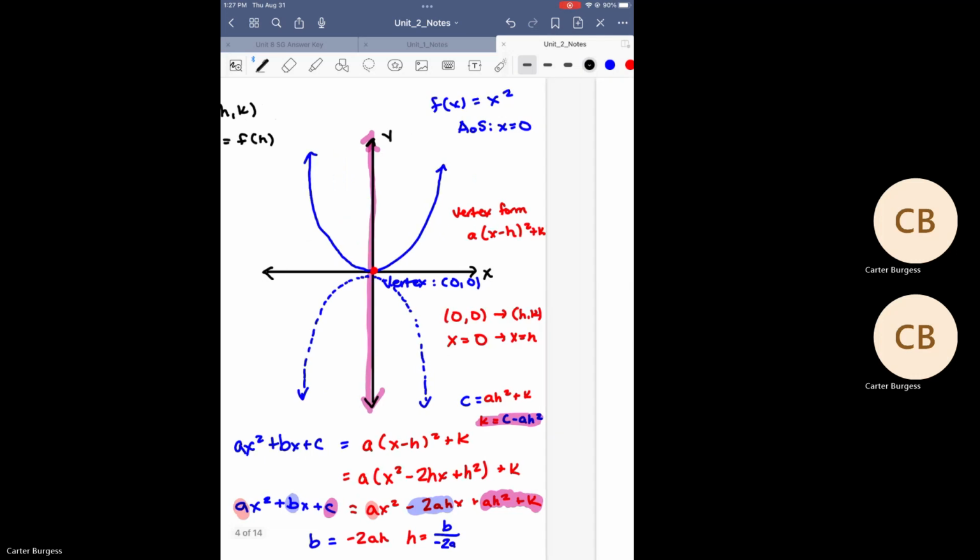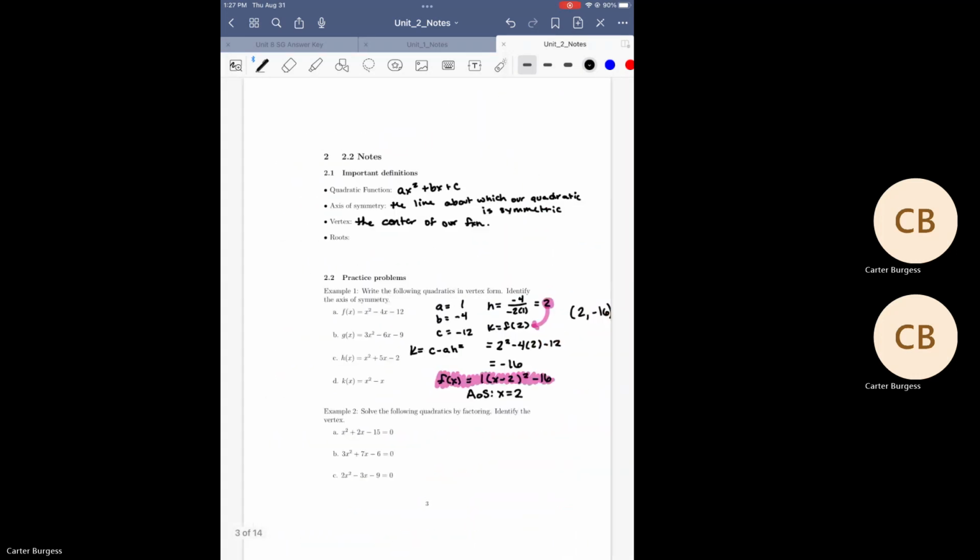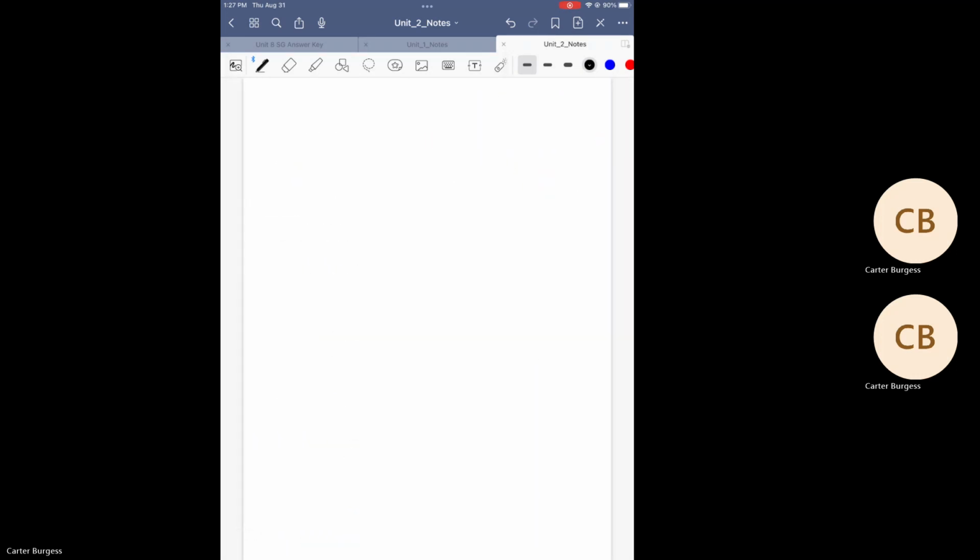Let us continue on then. So vertex form is kind of the first of our useful ways to think about our quadratic. The second is going to be the factored form of our quadratic.